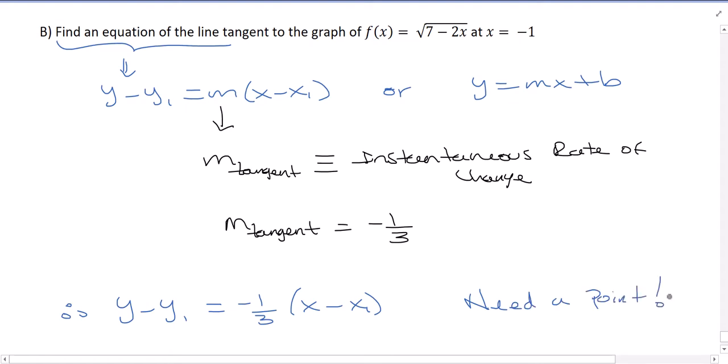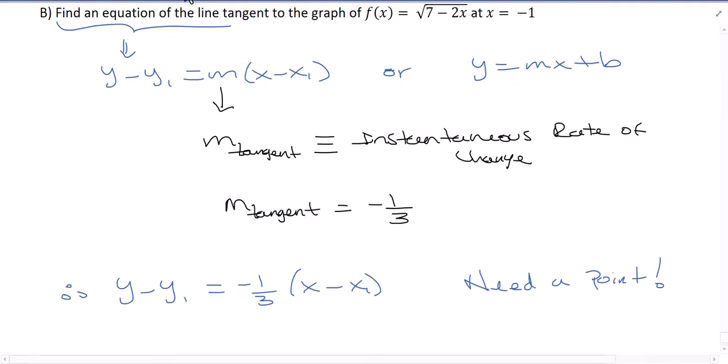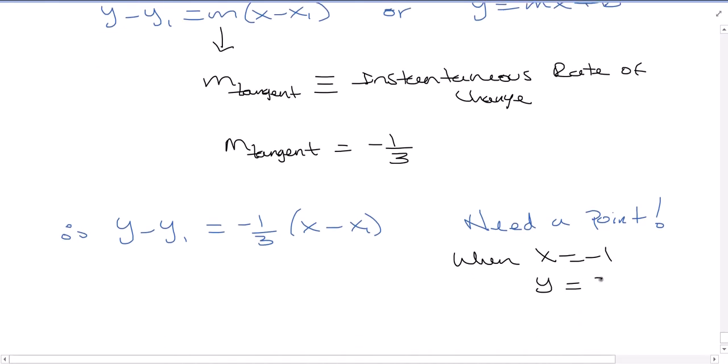How do we find a point? Well, we know that we're looking for the point when x equals negative 1. So when x equals negative 1, what's y? Y is f of negative 1. So just plug it into the function. So it'll be the square root of 7 minus 2x, right? So minus 2 times negative 1.